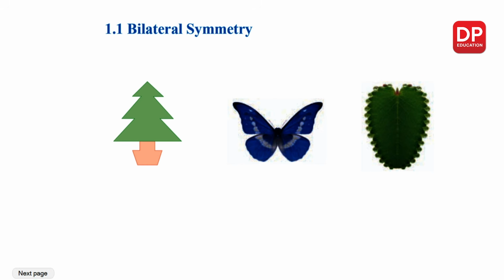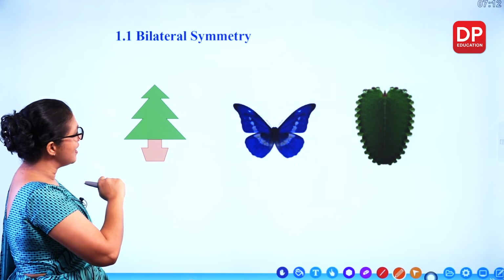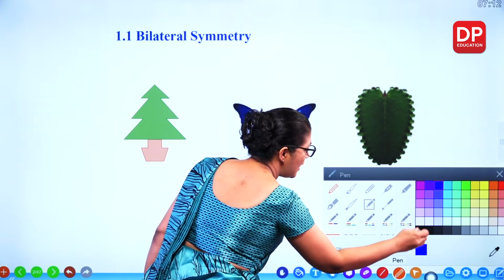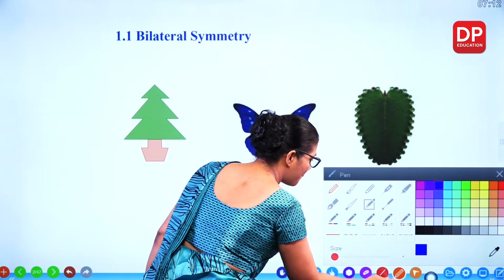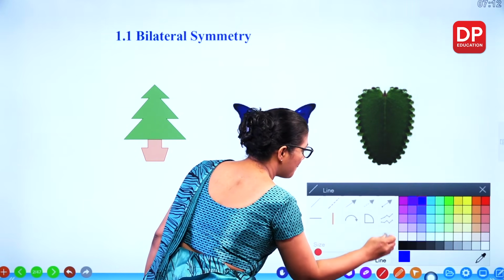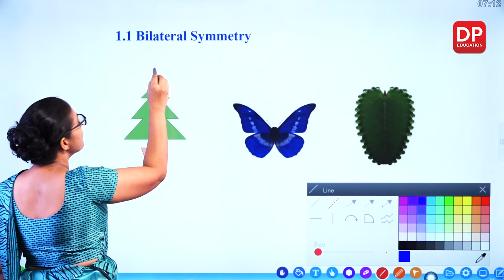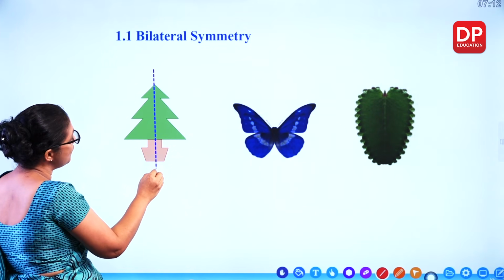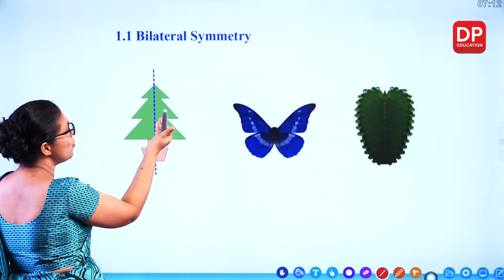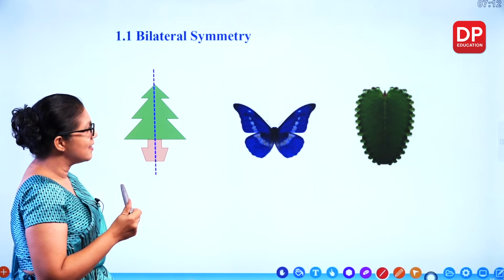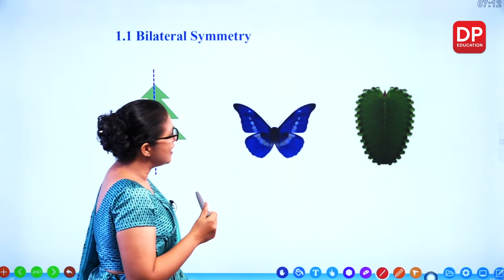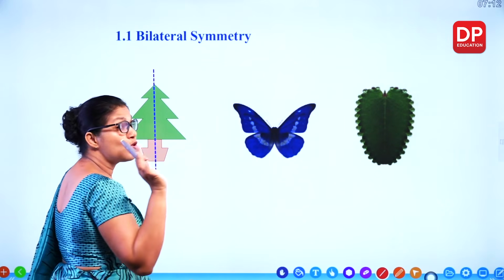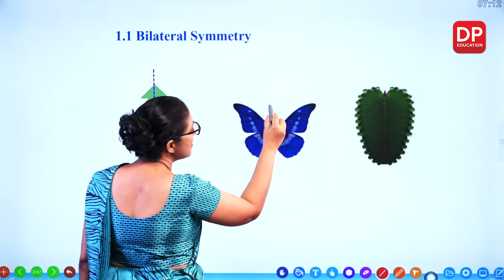Look at these objects, a Christmas tree. So we can see if you draw a line here, we can divide this figure into two equal parts. What about this butterfly? Can we draw a line to divide this into symmetrical parts?